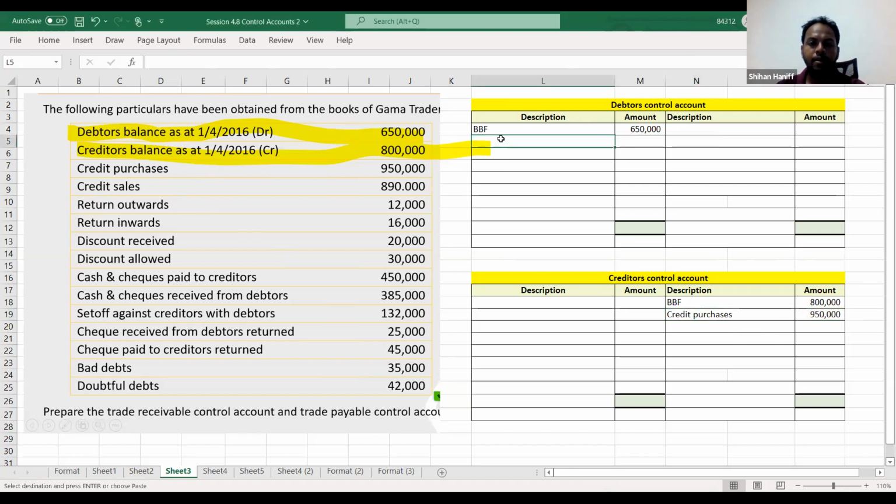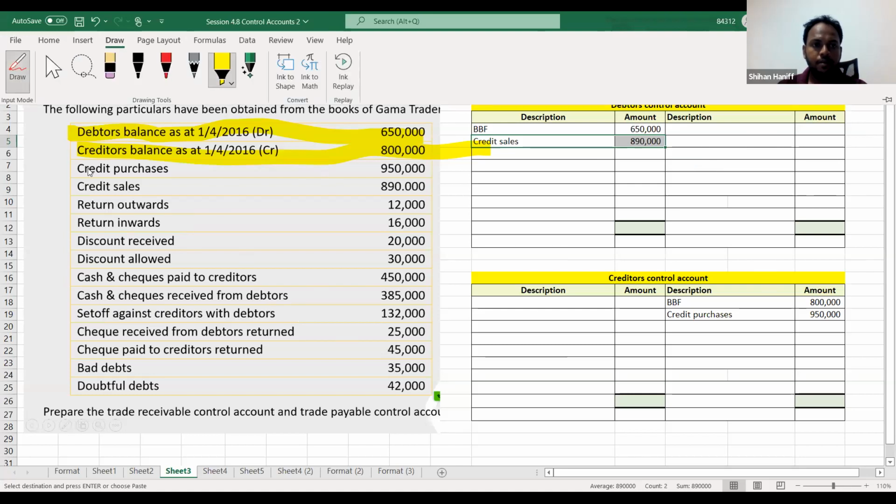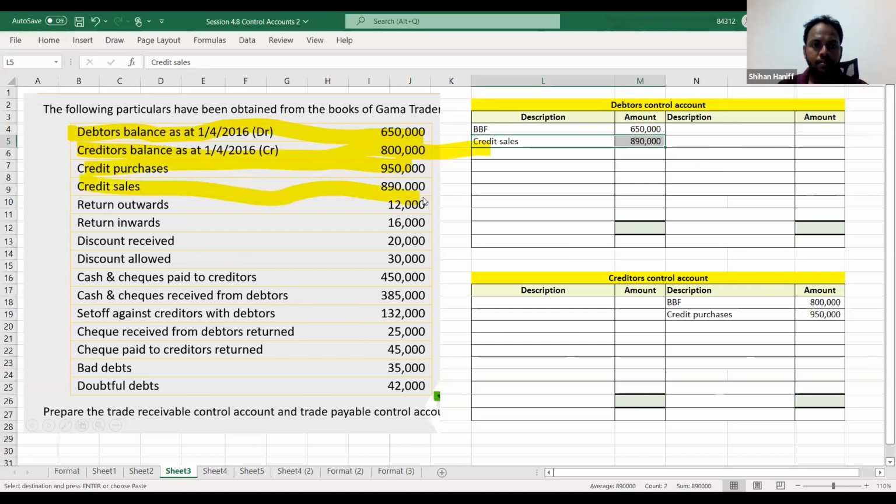So that will be debited to the debtors control account. Then returns outwards and returns inwards.